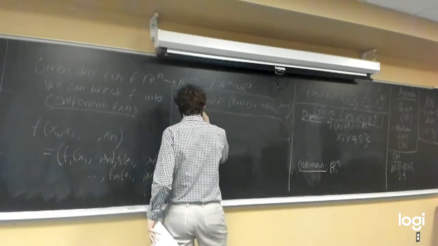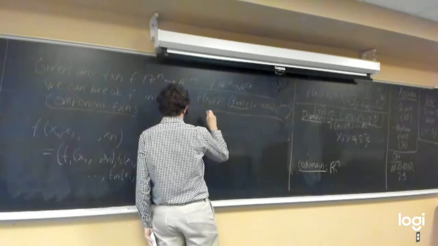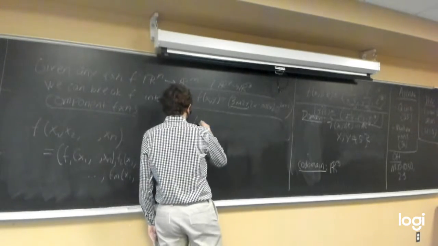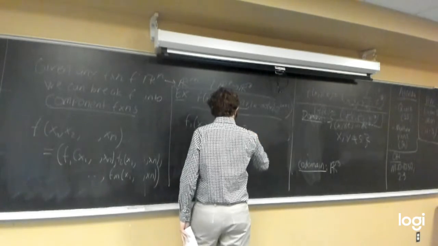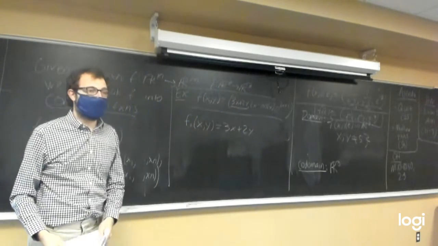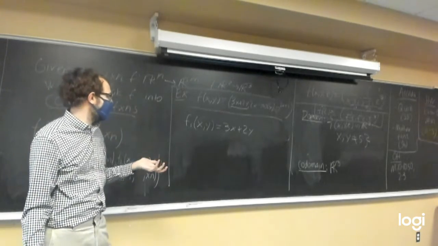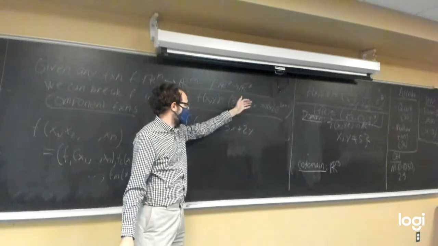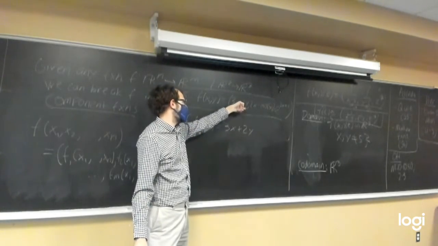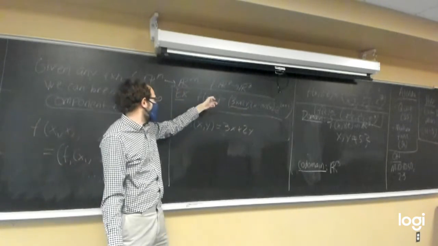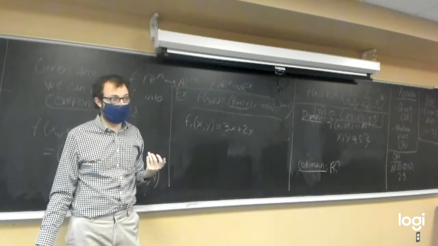So in this case, our first component is just what we get looking at the first coordinate of our outputs. We'll get f1 of x comma y equals 3x plus 2y. Our first component function corresponds to the fact that the first coordinate of our output vectors is given by 3x plus 2y, where x and y are values coming from the input vector's coordinates.